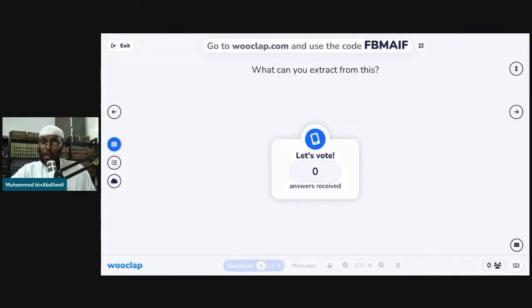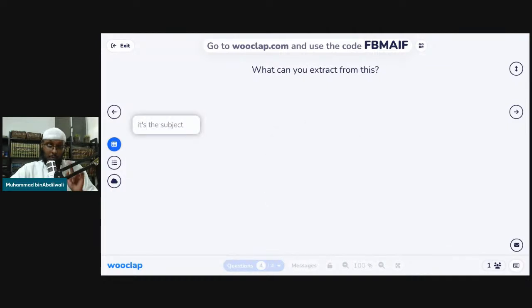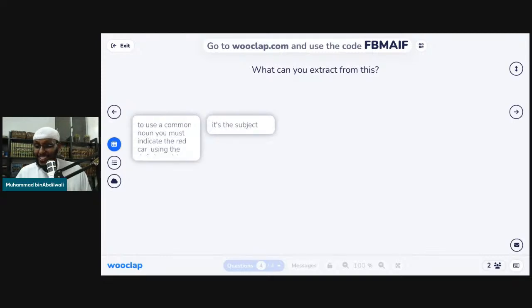Let me tell you again. What can you extract from this categorization, where we said a mubtada can be a proper noun or a personal pronoun or a demonstrative pronoun or a definite common noun? A definite common noun. You can only use a common noun as a mubtada if it's definite. What can you extract from that? I don't expect anyone to get it right, but I just put it out there for the sake of it.